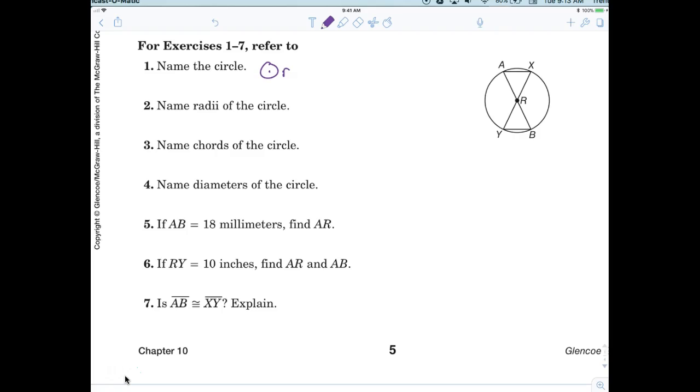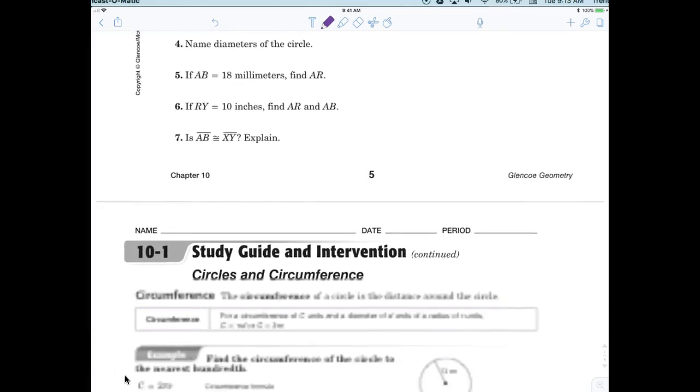Again, that's just the basic definition of the relationship between the radius and the diameter. Now, is AB congruent to XY? Yes, because all diameters of the same circle are what? Congruent. Easy as that. Very, very simple.